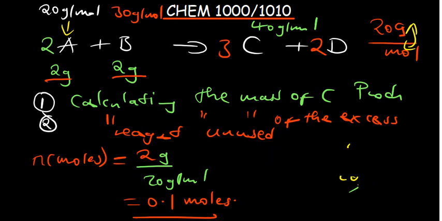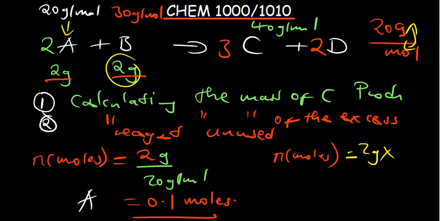So we have the number of moles of our A. We can also now determine the number of moles of B. So the question is, what mass do we have? We still have 2 grams here. So multiply by the molar mass, which was 30 grams per mole. Now we want the moles to be on top, so it will be the reciprocal, mole per 30 grams. So divide the 2 by 30.